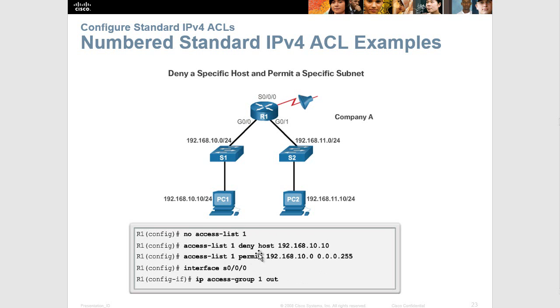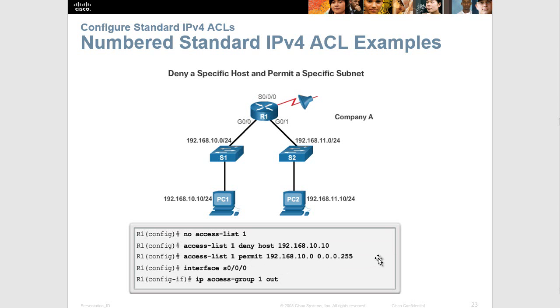In this situation, we're going to deny the host. Okay. And if you're going to make multiple, which you typically will, make multiple access list entries for one access list. Okay. You want to make your host statements come first, your host entries come first, then your network entries, because if you don't, the device is going to rearrange them that way anyway.